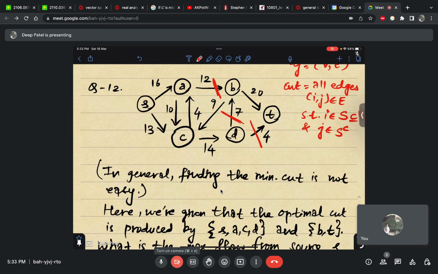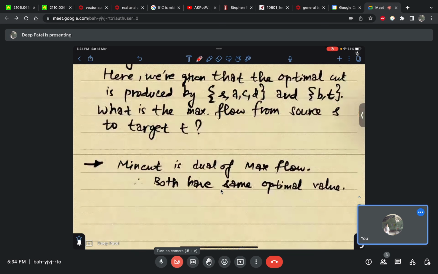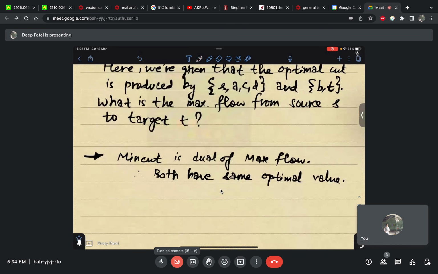And I'm not sure about the 9 because it's pointing in a different direction, right? Yes. So that will not be included. Yeah, we don't need to worry about it. You are right. So it's the sum of those 3 numbers.